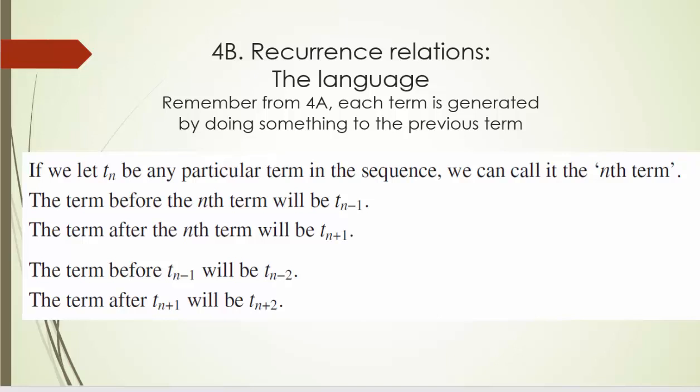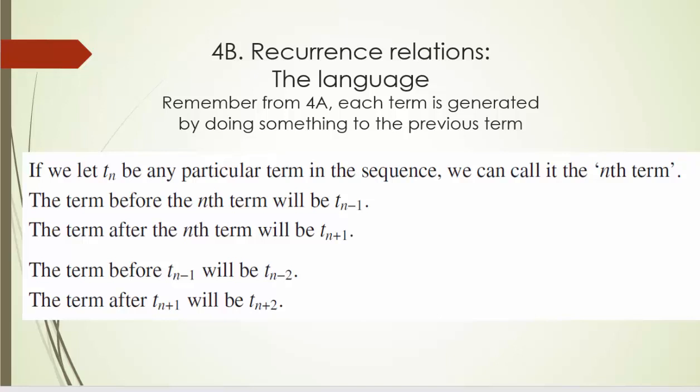It could be the 7th term, it could be the 14th term, but the nth term is the position in the sequence of some random number n. The point being that the term before the nth term, tn, will be tn minus 1, and the term after the nth term will be tn plus 1.